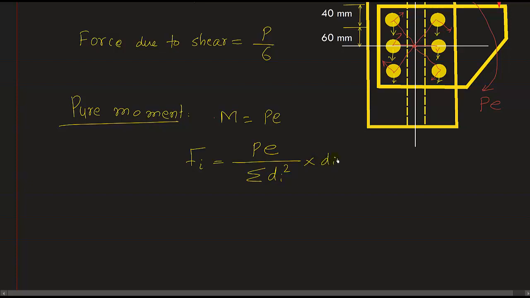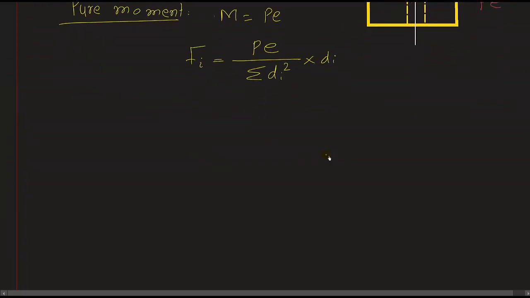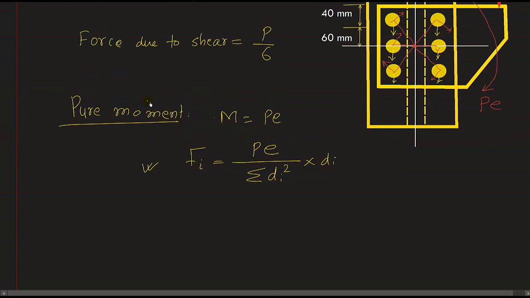So this is the force in any bolt. So if I consider the ith bolt, I can calculate the force, or this is basically shear force due to pure moment. So each bolt will have a different force value.